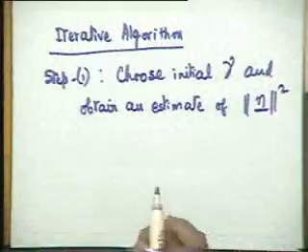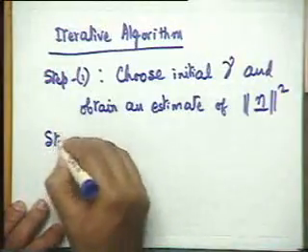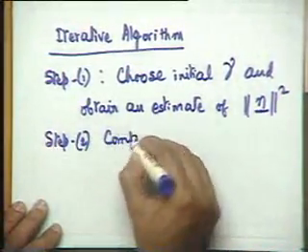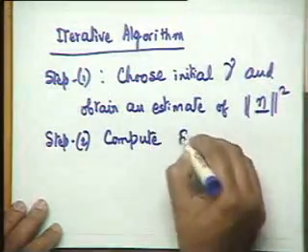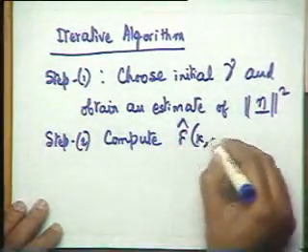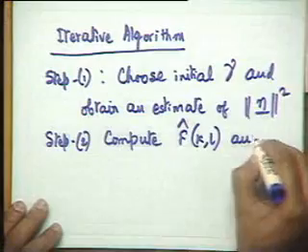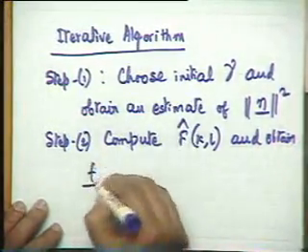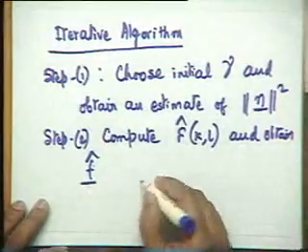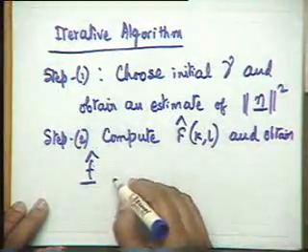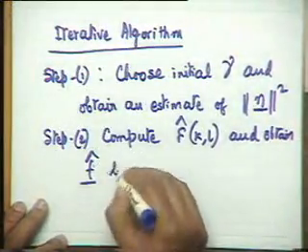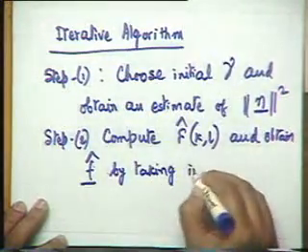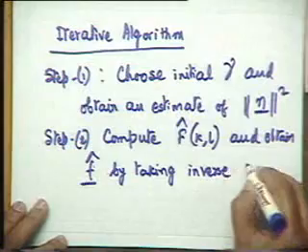So in step 2 we compute F hat kl and obtain small f hat, that is to say the estimated image, by taking the inverse DFT.